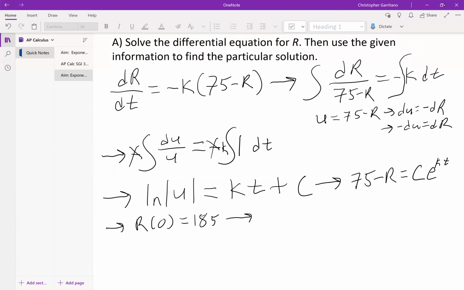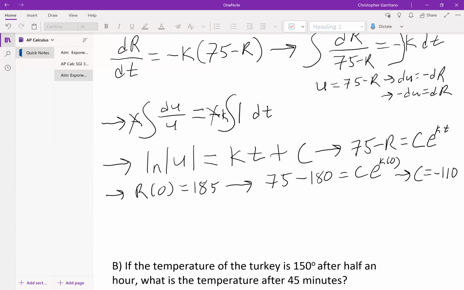And this means that 75 minus 185 is equal to c times e to the k times 0. Simplifying, this tells me that c is equal to negative 110. Okay, a lot going on, but we're not done yet.